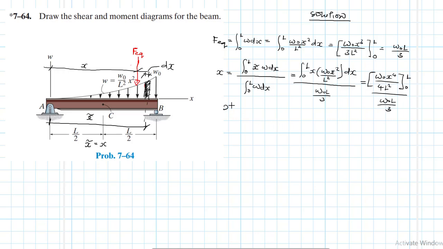Our x bar therefore is equal to L squared divided by 4, divided by L over 3, and this finally gives us 3L divided by 4.